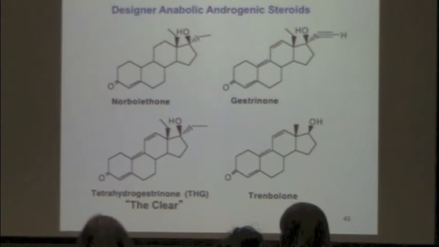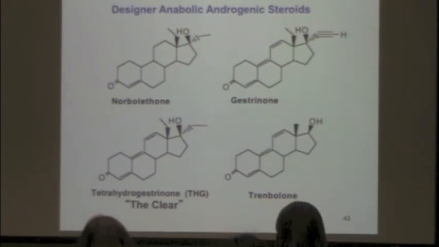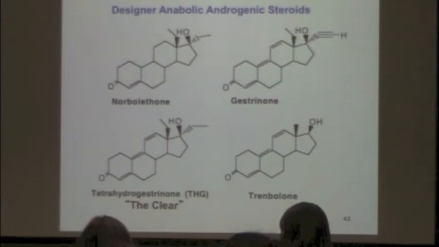Then we have designer drugs, designer anabolic steroids, which complicates this whole situation. Drugs which can be made in clandestine laboratories. And it was, at least at one time, thought that you couldn't detect these because nobody had ever seen them.